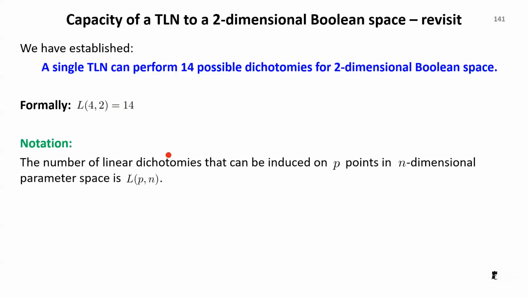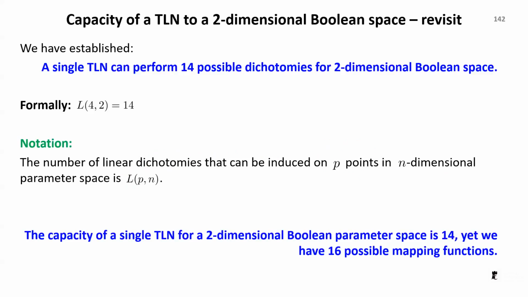I repeat again: the number of linear dichotomies that can be done on 4 points in n-dimensional space in general positions. If you remember, now we know that the capacity is 14. But if you remember, if we have Boolean order 2, the number of operations is 2 to the power of 4, which is 16, right?